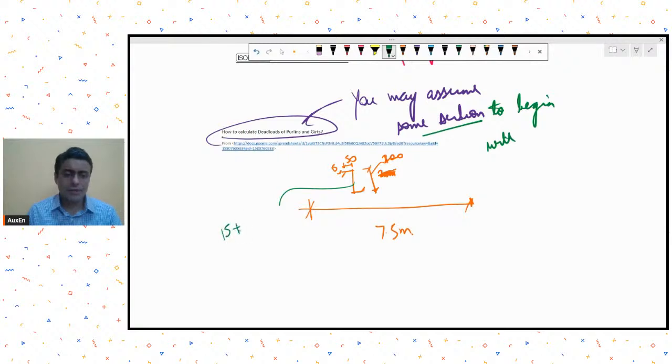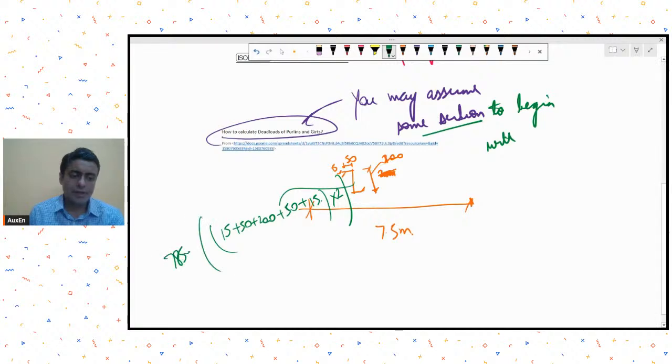You just add up all these dimensions, and you will get the total running length of this cross sectional member. This you multiply by the thickness, 2 mm, and then by 7850 kg per meter cube. Of course, make the units consistent. So you will get the dead load of purlins and girts in per meter units. That is simple. So this is how you calculate.